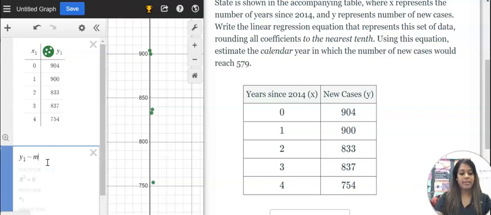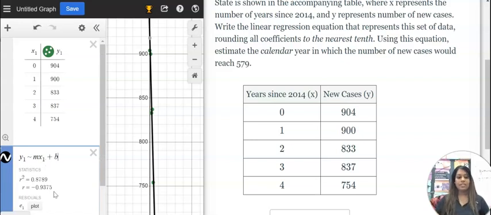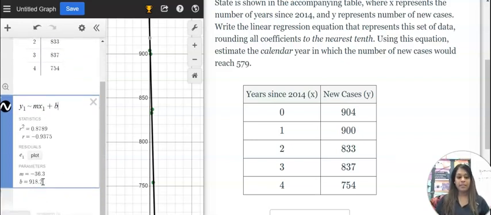That's it. Once you type it, Desmos will give you, oh, it is a negative slope. Desmos will give you the slope and the y-intercept.